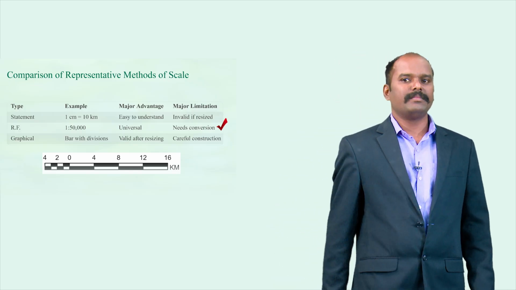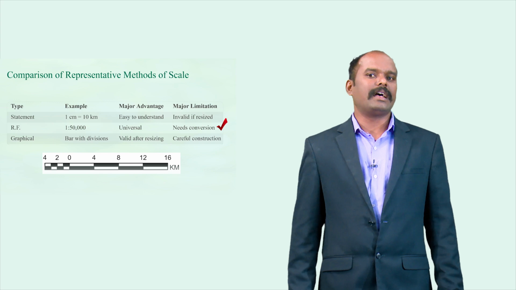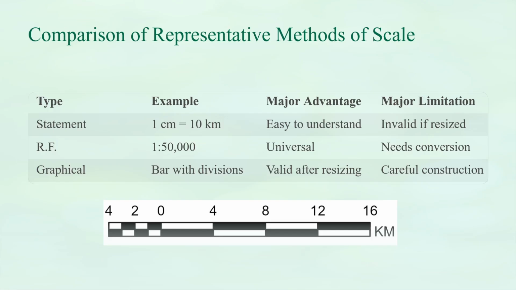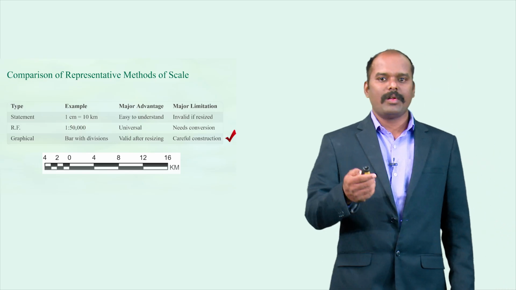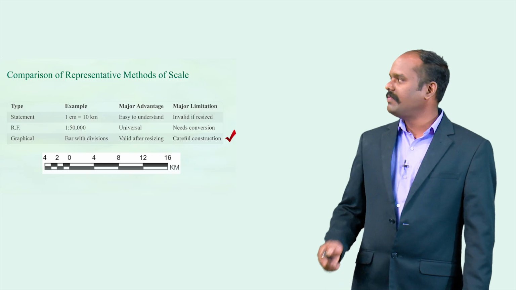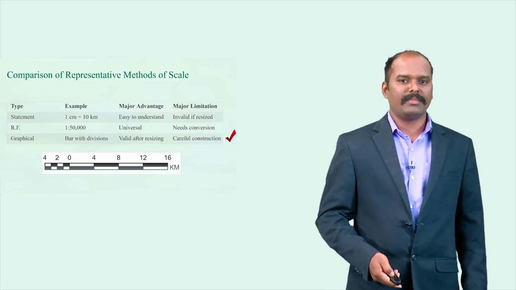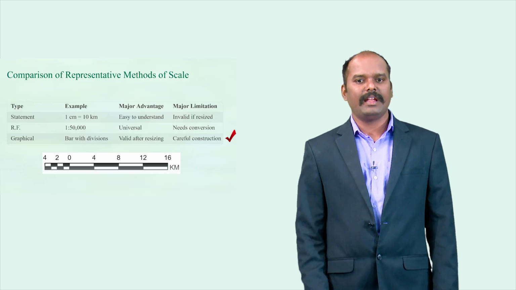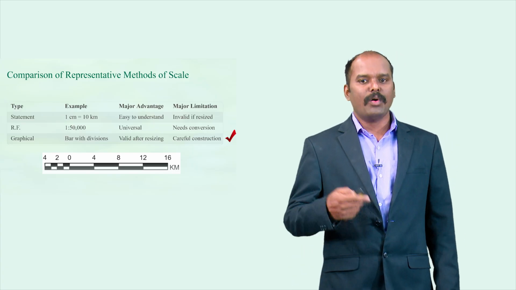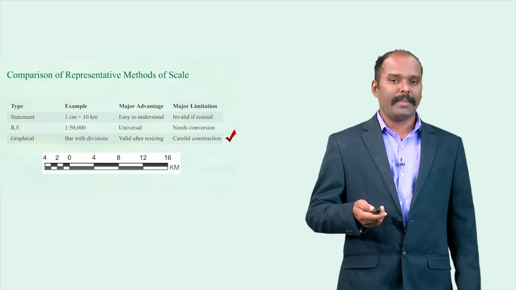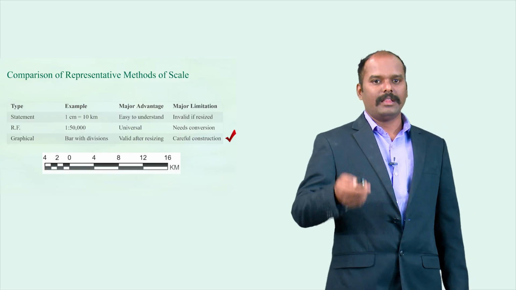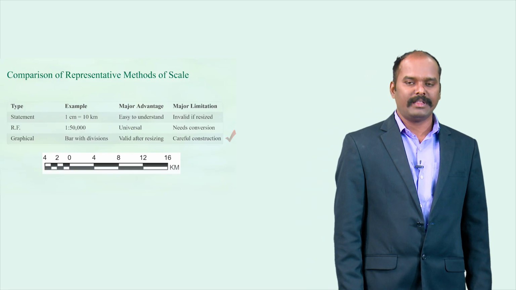The representative fraction type of scale is accepted universally, but we need to give more concentration while constructing it. The graphic scale you are looking at on the screen is valid even after resizing the map. It is also more time consuming; a graphic scale takes more time to construct compared with the other types of scale.